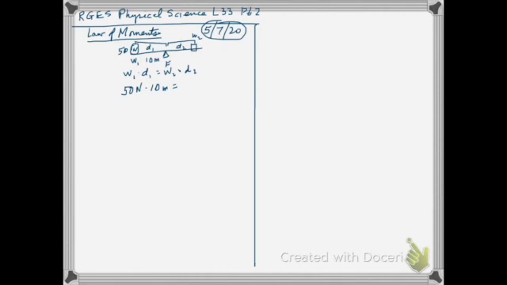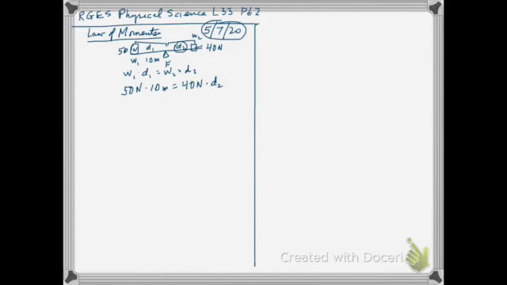So let's say this weight over here is 40 newtons. So it's balanced. The question is, what is this distance then? We know that one side of the equation equals the other side of the equation. So the weight here is 40 newtons times D2. And that's what we're looking for. We want to know how far that weight should be placed so that it balances.